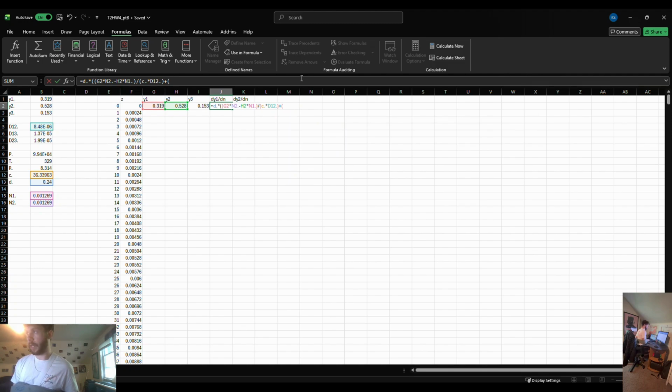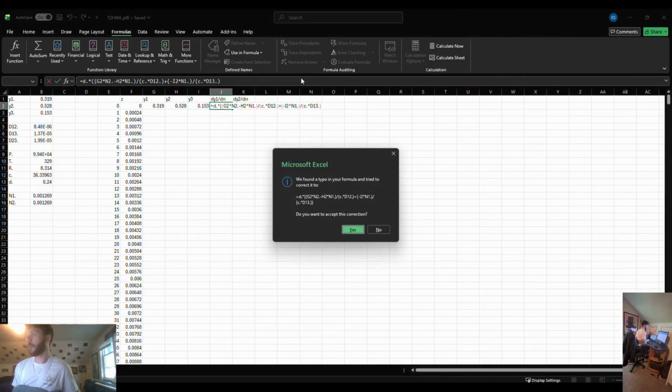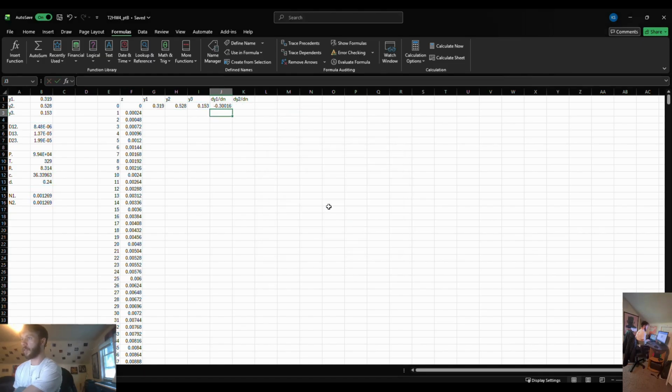So we get negative mole fraction of the air times our flux of acetone, and then we'll divide that by our concentration times our diffusion coefficient between our nitrogen and our acetone. All right, figure out the parentheses.